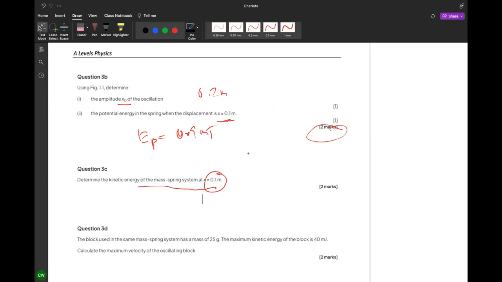Determine the kinetic energy at this point. How to find the kinetic energy?